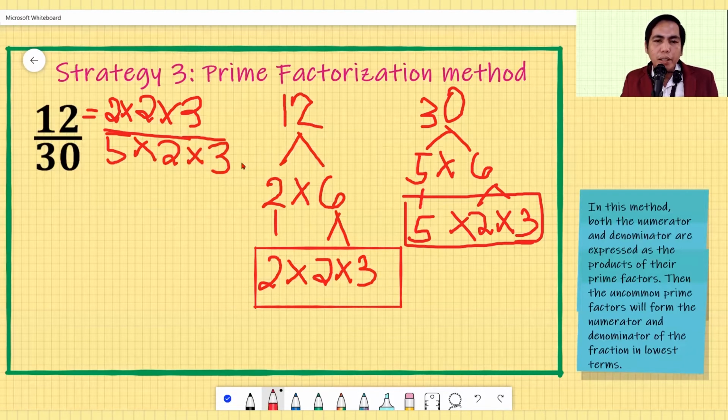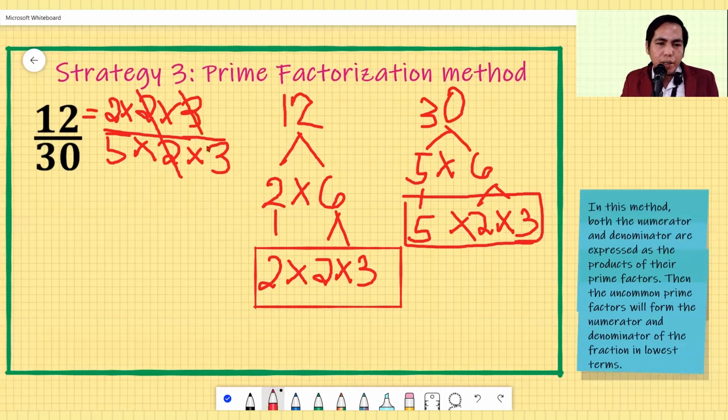So after finding the prime factorization of the numerator and the denominator, let's identify the common prime factors. So the common, we have here the 2. So we can cancel out 2 because it's common. Aside from 2, 3 is also a common prime factor of 12 and 30.